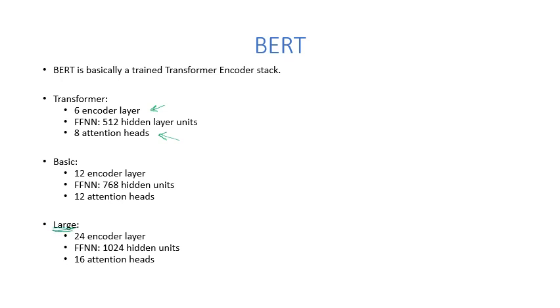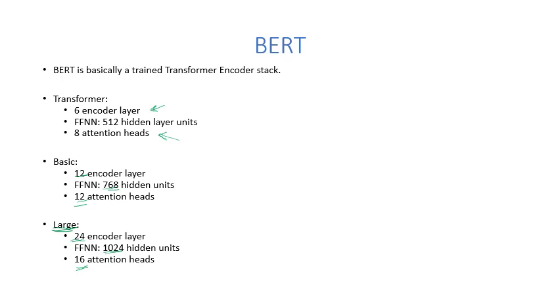The large BERT, actually, when we say BERT, we usually mean large BERT, instead of 6 encoder layers, has 24 encoder layers. And instead of 8 attention heads, has 16 attention heads. And the dimensionality of the feed forward is 1024 instead of 512. There is a smaller size for BERT, which is called base BERT, and it's 12 encoder layers and 12 attention heads, and the dimensionality is 768.